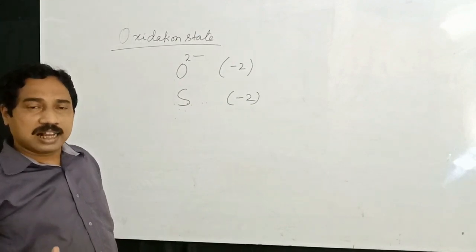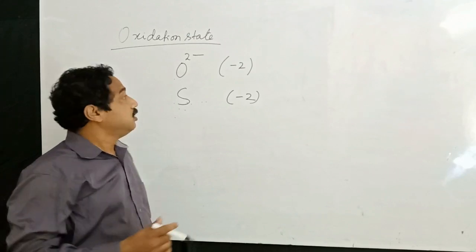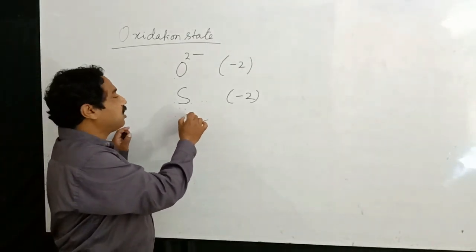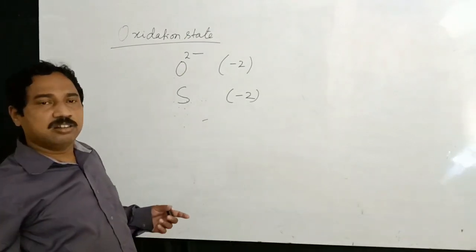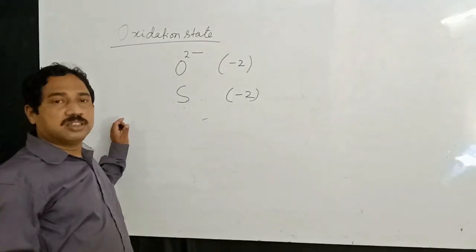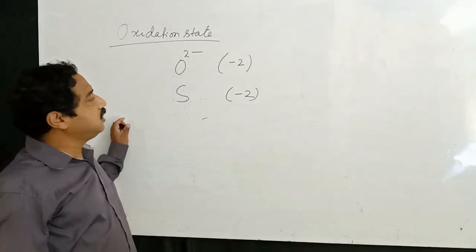So their acceptance capacity towards the electron decreases, they cannot easily gain electrons, and the formation of the -2 oxidation state decreases down the group.